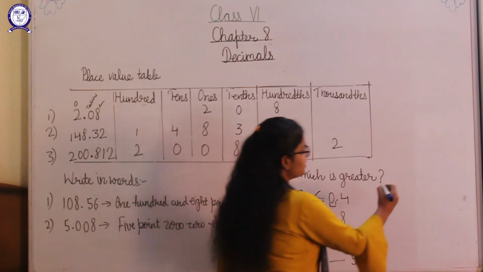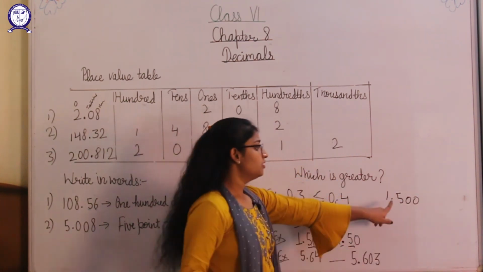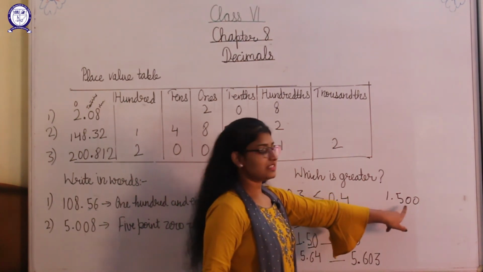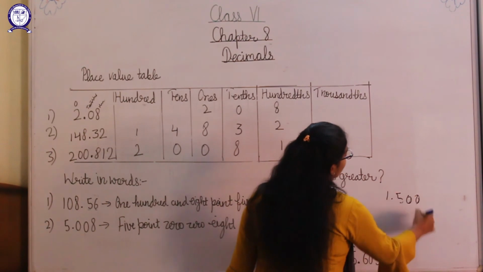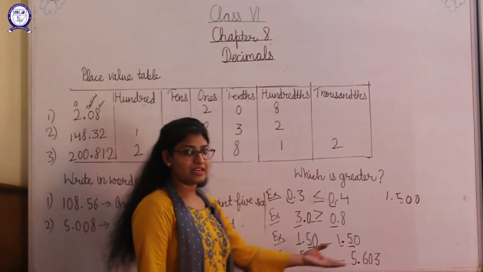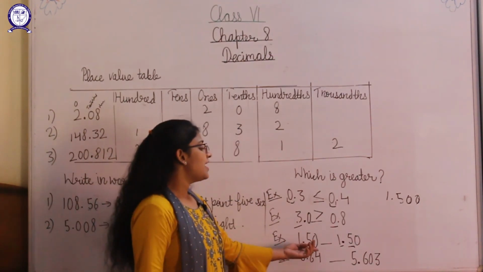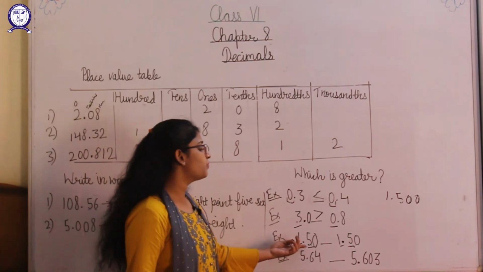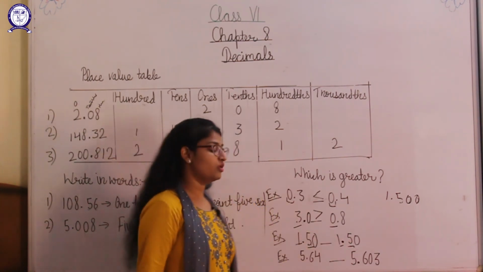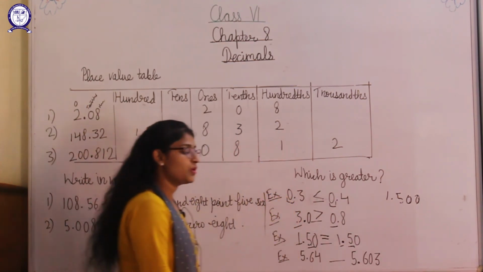Students, whenever there is 0 at the end after the decimal, we can eliminate them or we can write them, according to the question. So here I can write 0 here. Now if you see, then this is 1.50, it is also 1.50. It means none of them is greater, both of them are equal.